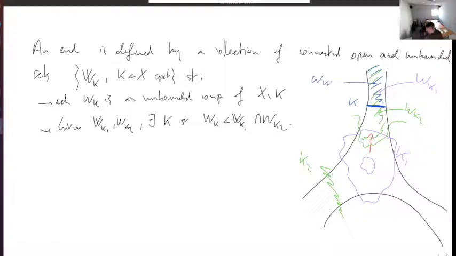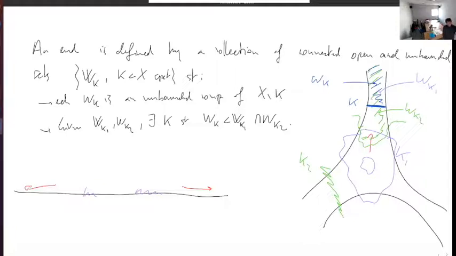In this way, I can express the fact that I'm going to infinity one way or another way. For instance, if I look at the real line, I have exactly two ends, because each time I pick a compact set, it will be essentially contained in some interval. Then I can go either on the right or on the left.